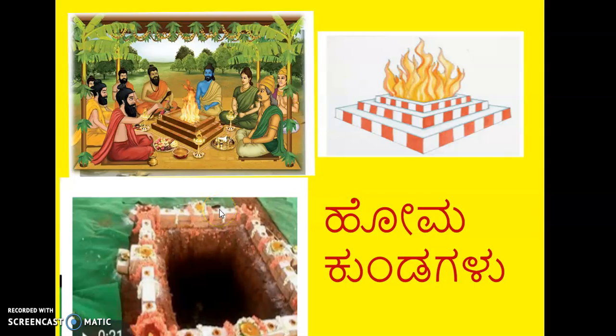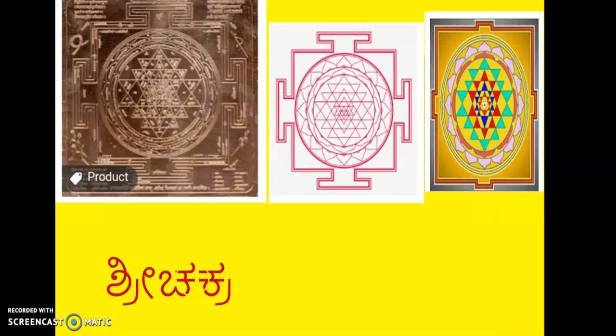Children, you know about the Sri Yantra, that is, Sri Chakra, which we worship today also in different forms. It was given in the Atharva Veda and consists of 9 interwoven isosceles triangles.